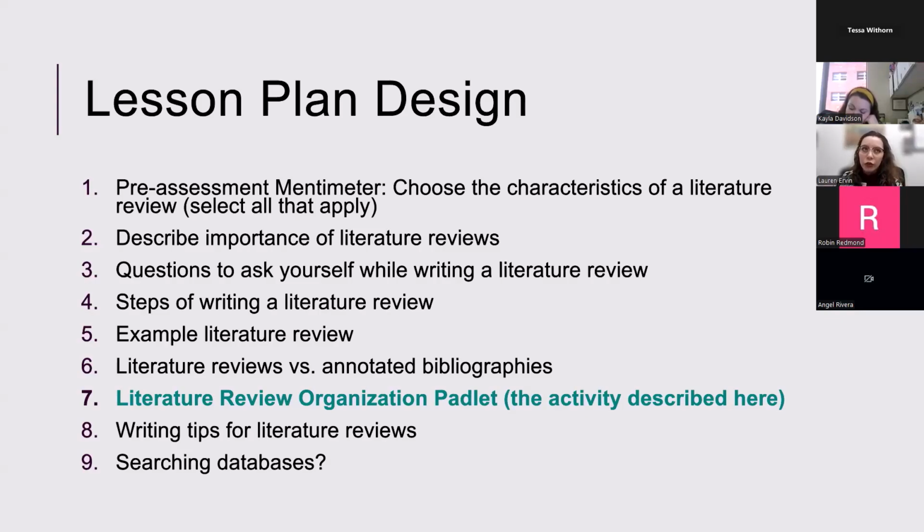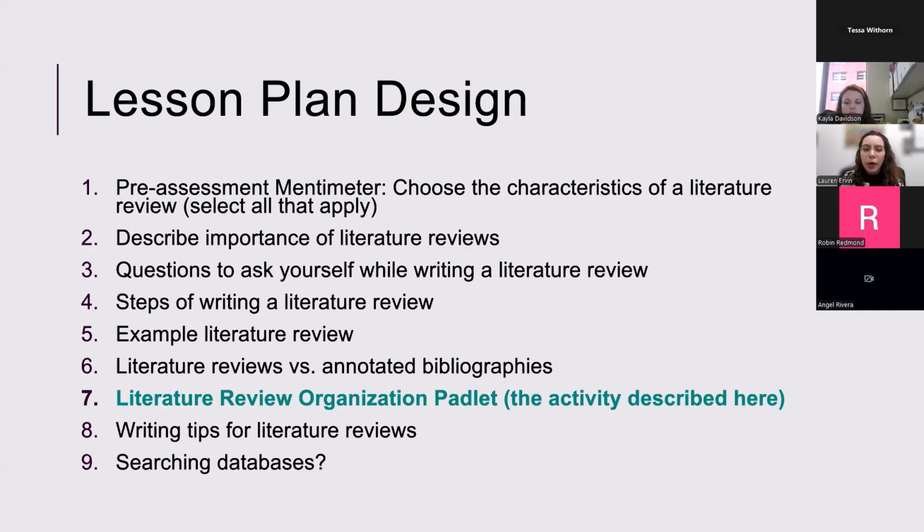After that, I usually go more into detail about writing tips for literature reviews. And usually when I teach this lesson, the understanding is that students have already learned how to search in databases, usually during a previous session or a previous class the students have had with me. I've already taught that skill, but you could go into searching databases after that if that's something that you also need to cover.